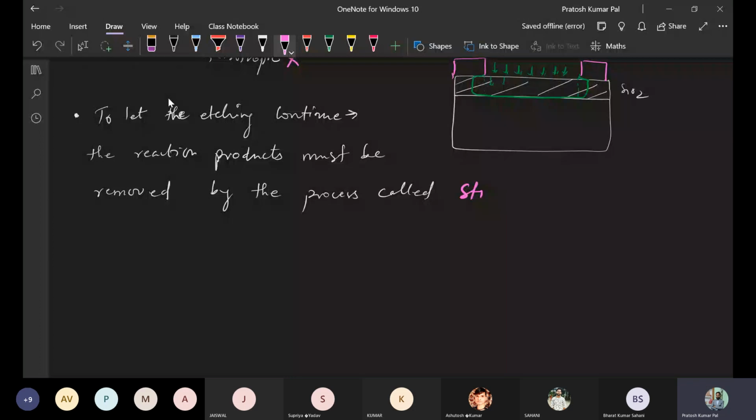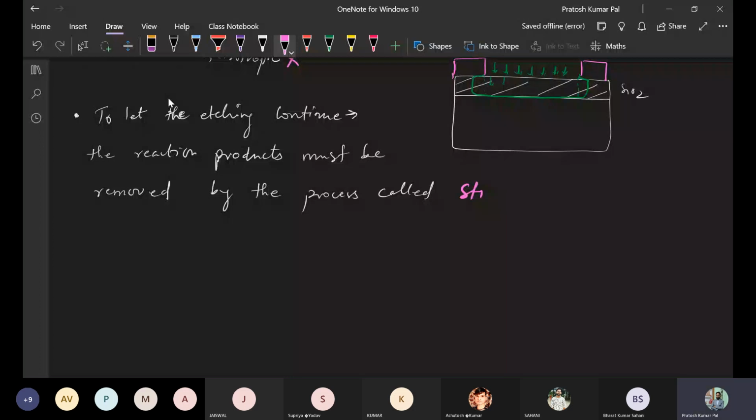That means to continue the etching further, we have to remove the products formed after chemical reactions. Once we stir, the undesired product is removed, which facilitates the further etching process.